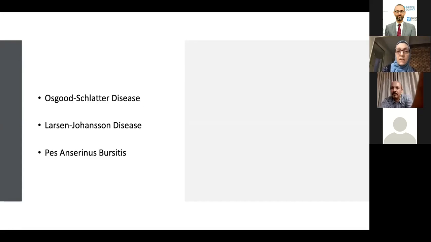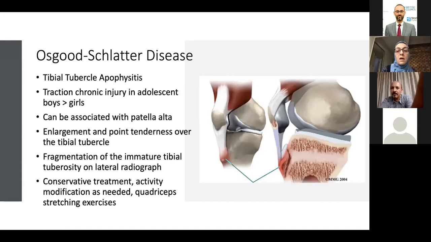They are very active at jumping, running, and they are a type of traction apophysitis or epiphysitis at the insertion of the patellar tendon. A traction injury can be associated with patella alta.